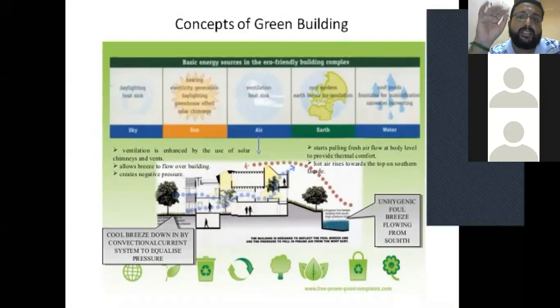So you depend less on electricity from conventional sources, and you depend on energy from non-conventional, environmentally friendly sources. For air circulation, you don't depend too much on fossil fuel burning or energy-intensive air conditioners, but rather you go for the construction itself. You make it in such a way that there is a natural cooling system circulating throughout the building.